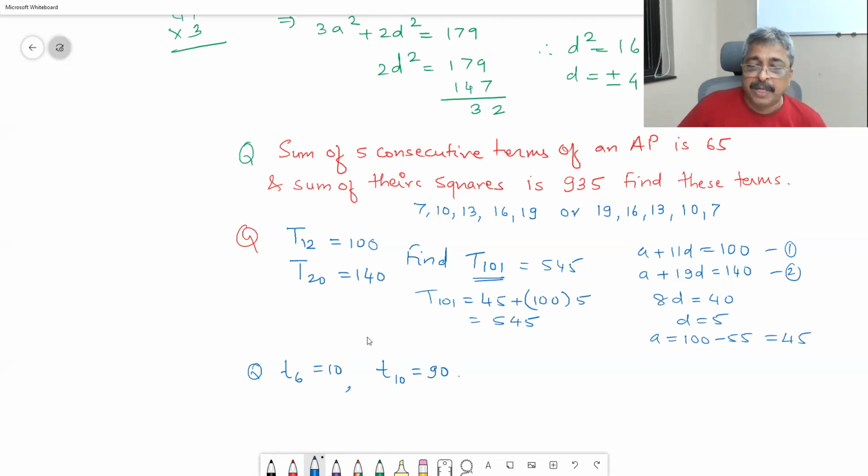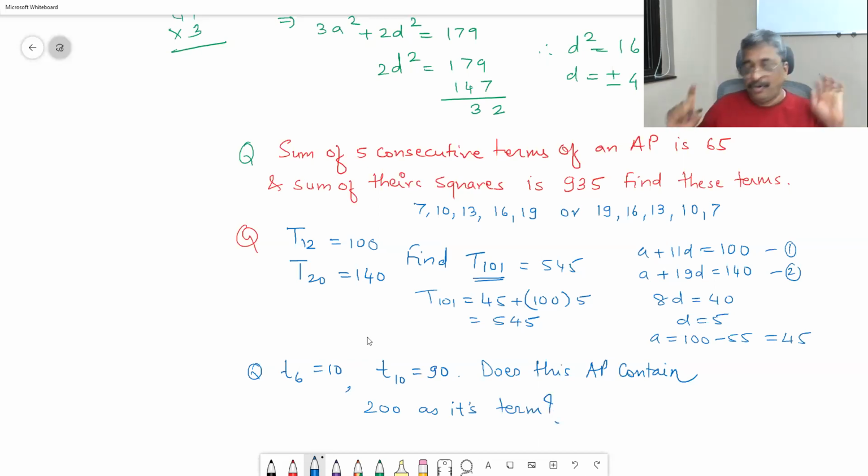Does this AP contain 200 as its term? Yes or no? Should be the answer.